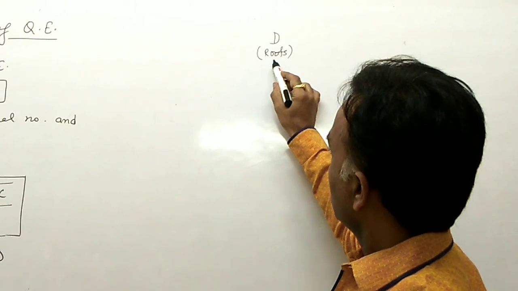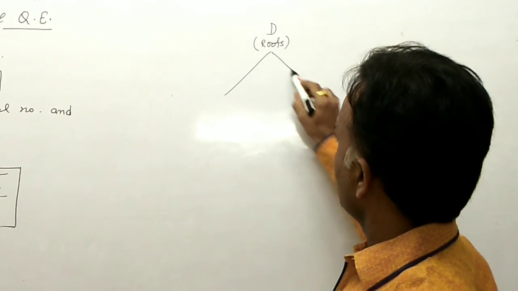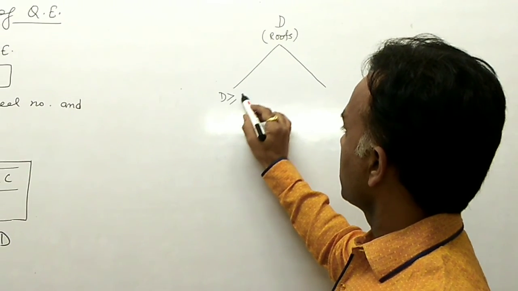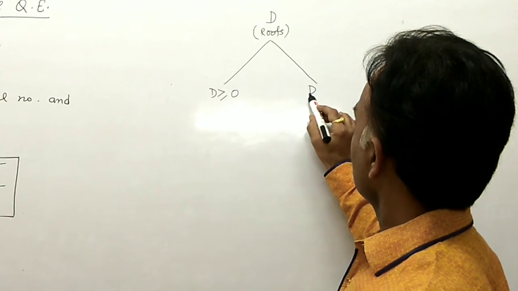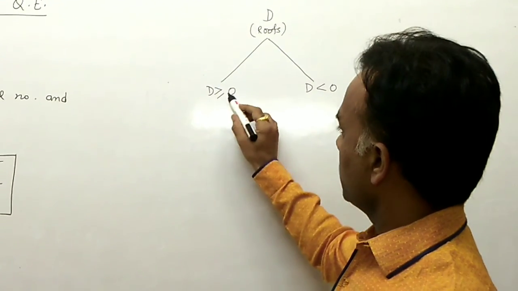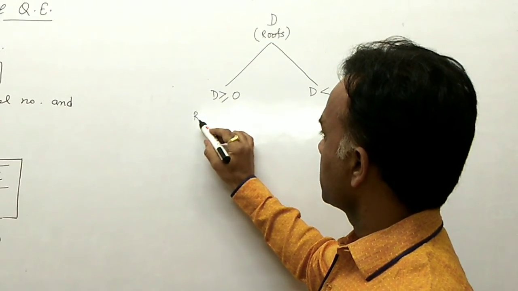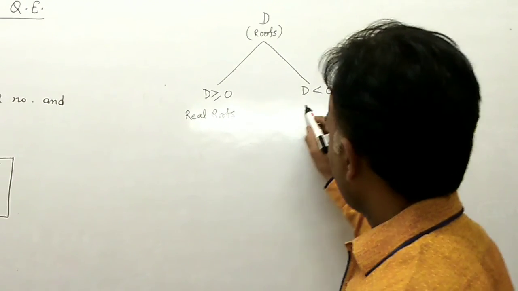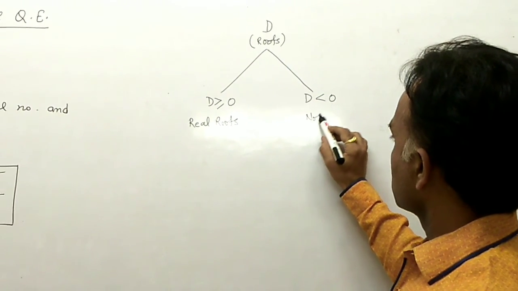Now this is defined by two parts: D greater than or equal to 0, and D less than 0. This condition is for real roots, and this is for not real roots.